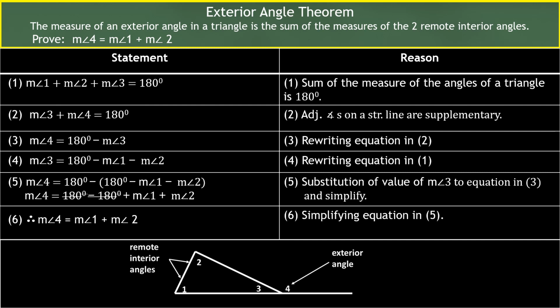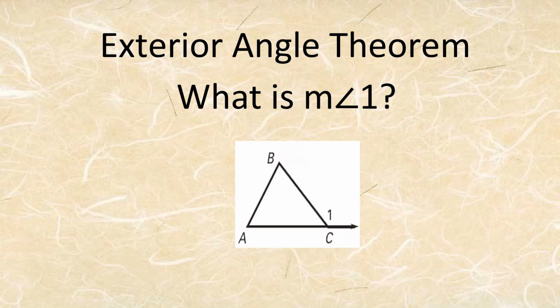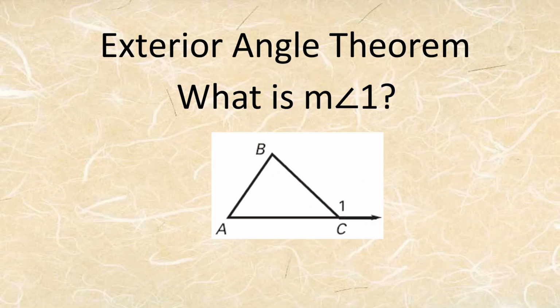Okay, so now we can use the theorem since we have already proven it. So here's another diagram where you're asked what is the measure of angle 1. Angle 1 is an exterior angle since it is adjacent to an interior angle.